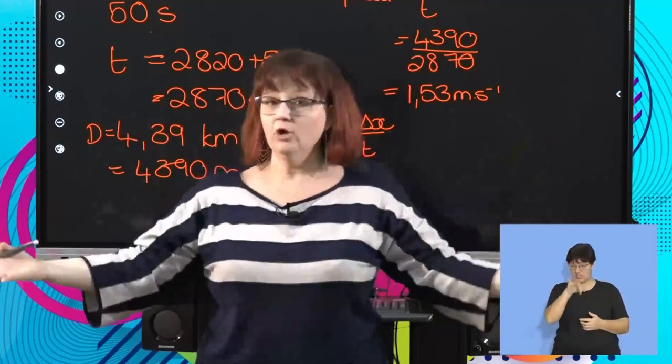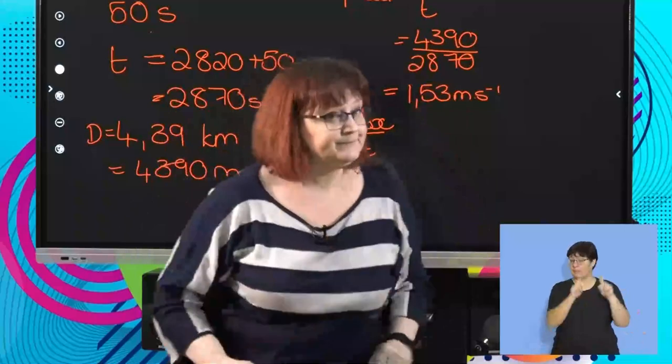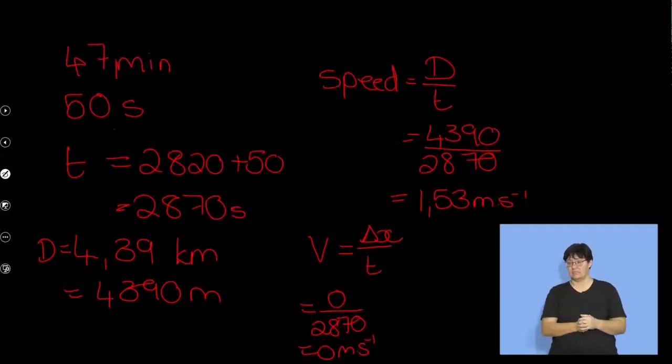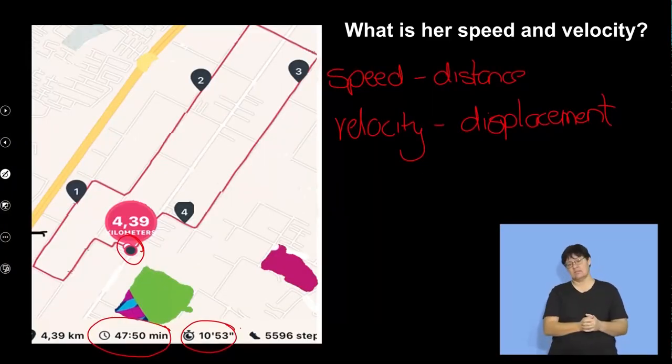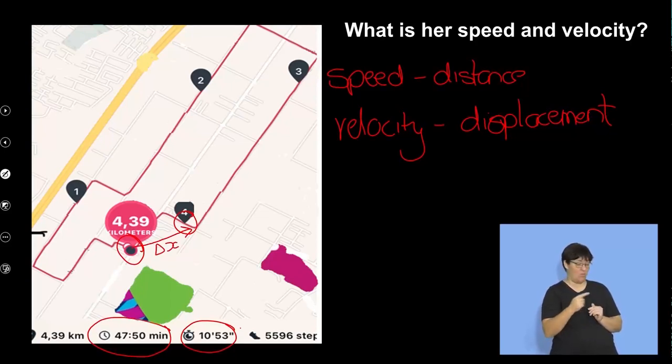You've gone nowhere. However, if I had to go back to this and say, what is her velocity if she ended at the 4-kilometer mark? Here I can give a velocity now, but it's still going to be very small because her velocity is only this little piece here, whatever that distance is, okay? That displacement would give me her velocity, and it would be at a certain direction.